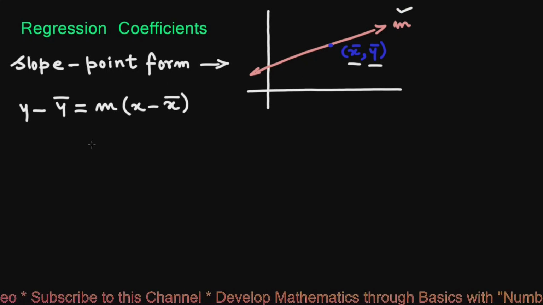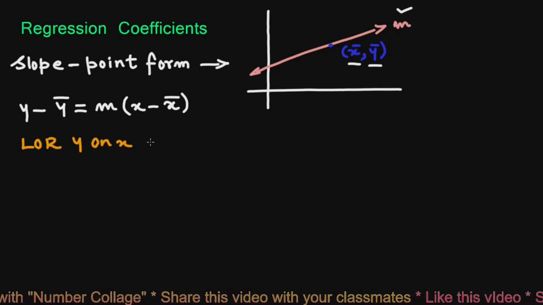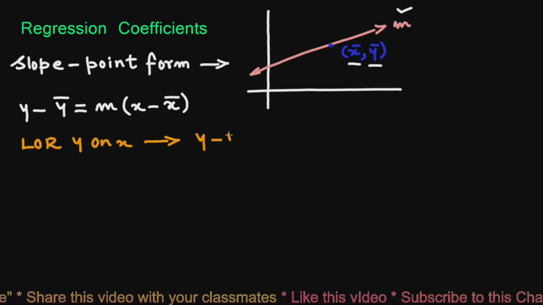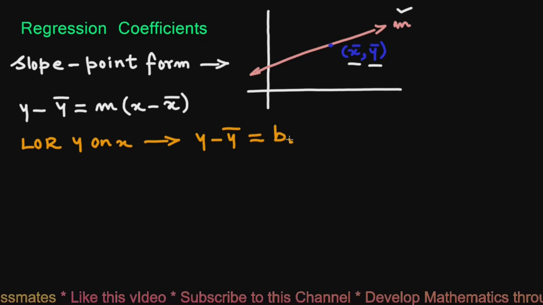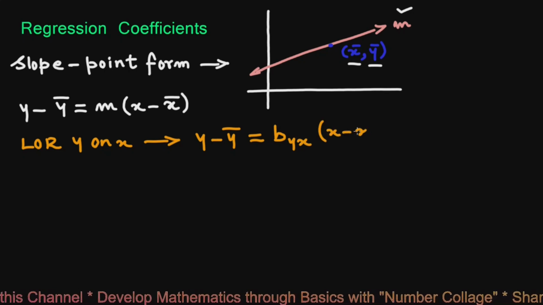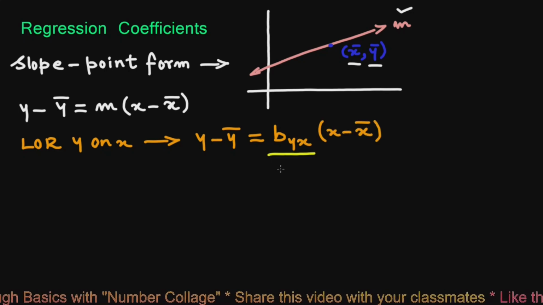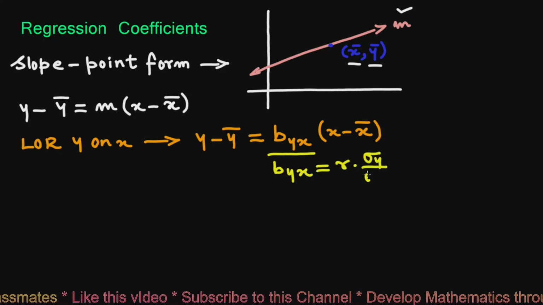So we write equations of lines of regression y on x as y minus y bar equals slope of the line, which is coefficient of regression of y on x into x minus x bar, where byx is r into sigma y by sigma x.